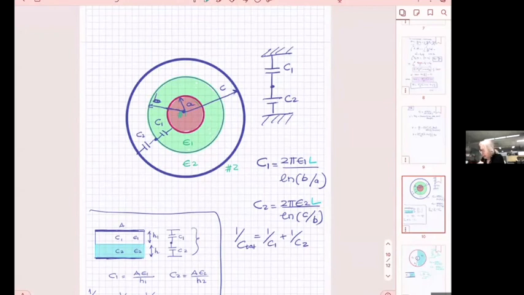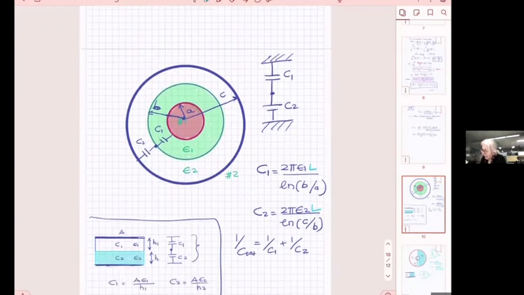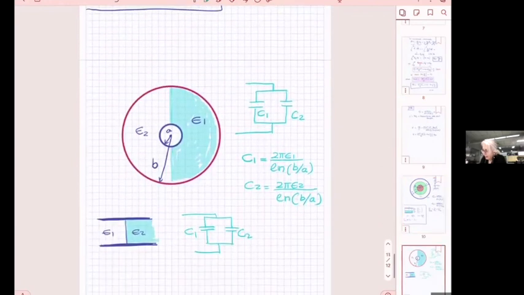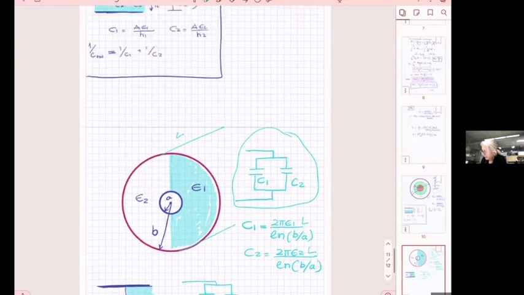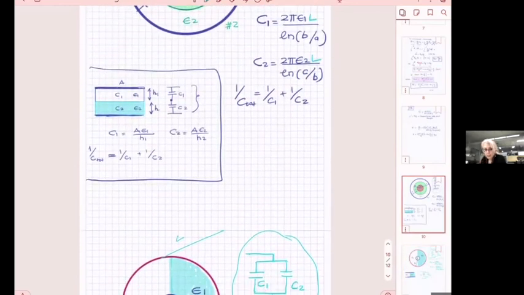What I want you to remember is this for that, and this for this. And then I can put an L here to consider that length. That's the similarity I want you to remember: if you share the same two conductors, the capacitors are in parallel.